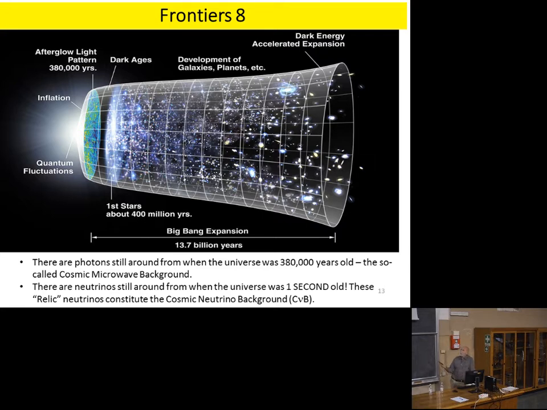Then at 300,000 years, which I talked about, we start having a form of the universe where we can start to look at it even in the present time. That's what we call the cosmic microwave background. Not much happened for a while. I'll show you that, and we'll do this in detail when we get to cosmology. But then we started forming the first stars at 400 million years, eventually developed galaxies and planets.